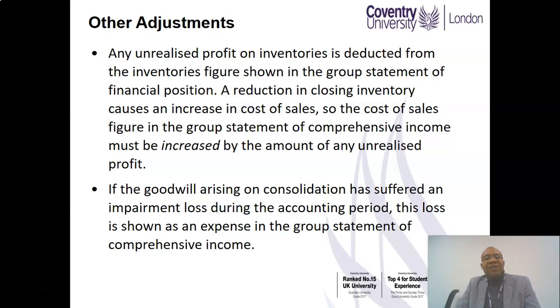So at the end of each year, the goodwill is tested for impairment in accordance with IAS 36. If there is an impairment loss, then that loss must be shown as an expense in the group statement of comprehensive income.